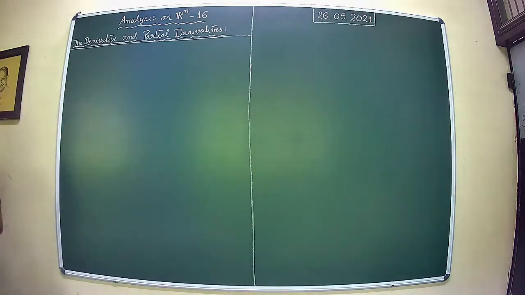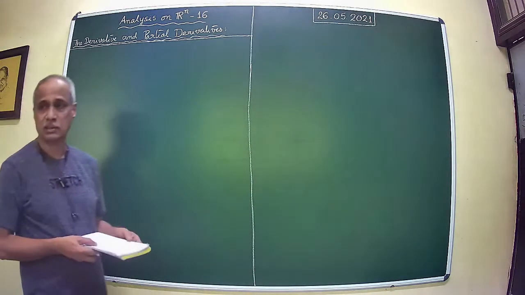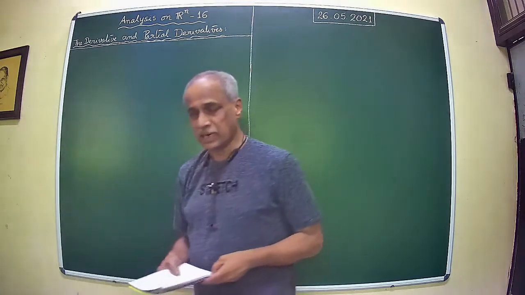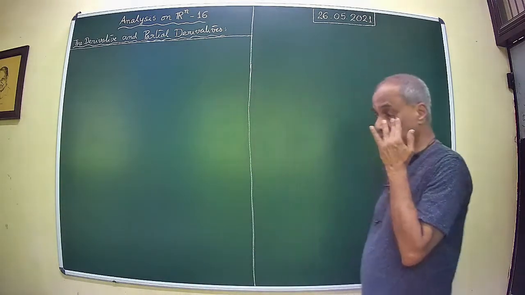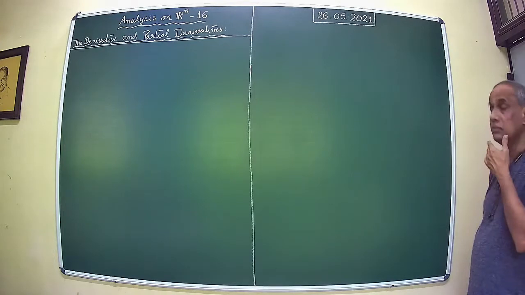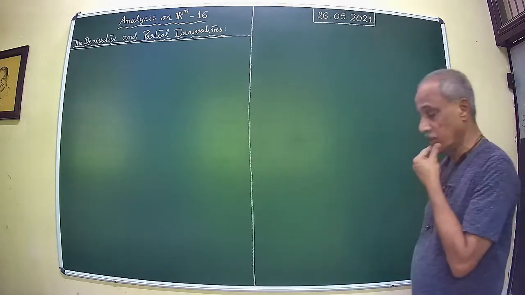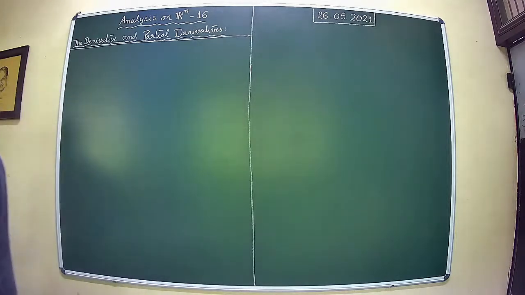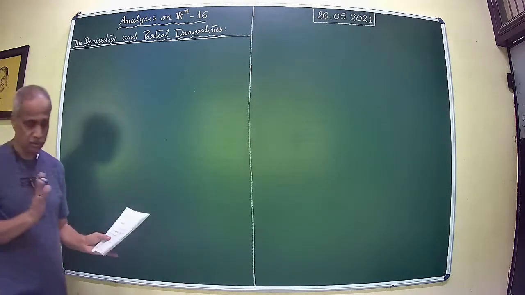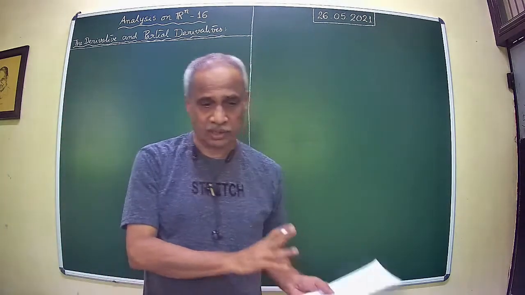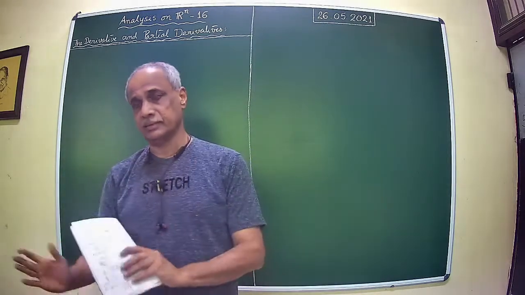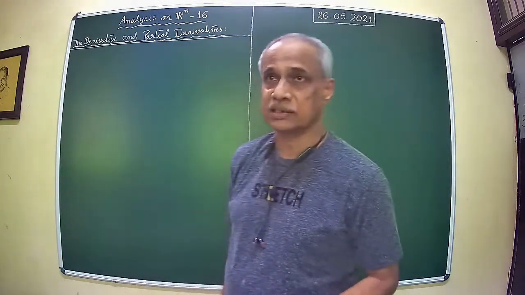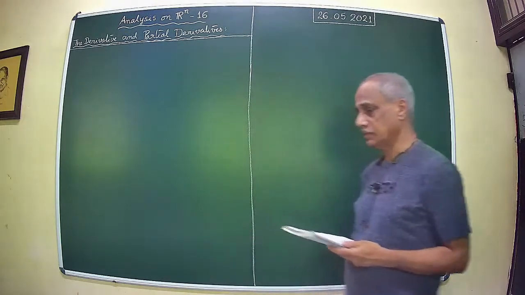So good morning. We continue with our discussion on the relation between the Frechet derivative and the partial derivatives. We have already explored it. We have said how from total derivatives or the Frechet derivative you can get hold of these partial derivatives.